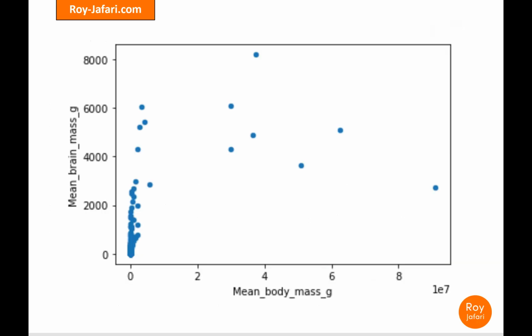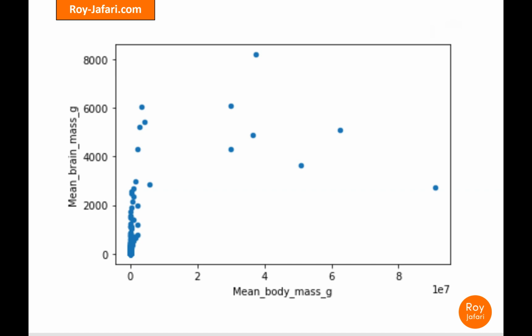Let's see another example here. We have the mean body mass of species and also the mean brain mass of species. Each of these points is one species. Humans are one of these points as well. Most of the populations are here, but there are some that have larger brain values and some that have larger body mass, and because of that we cannot use the scatter plot to show the relationship between these two attributes.